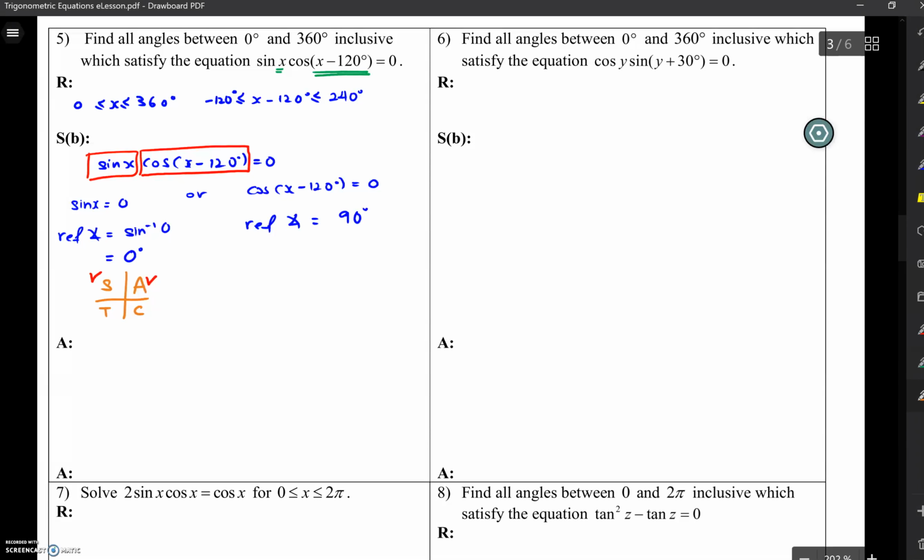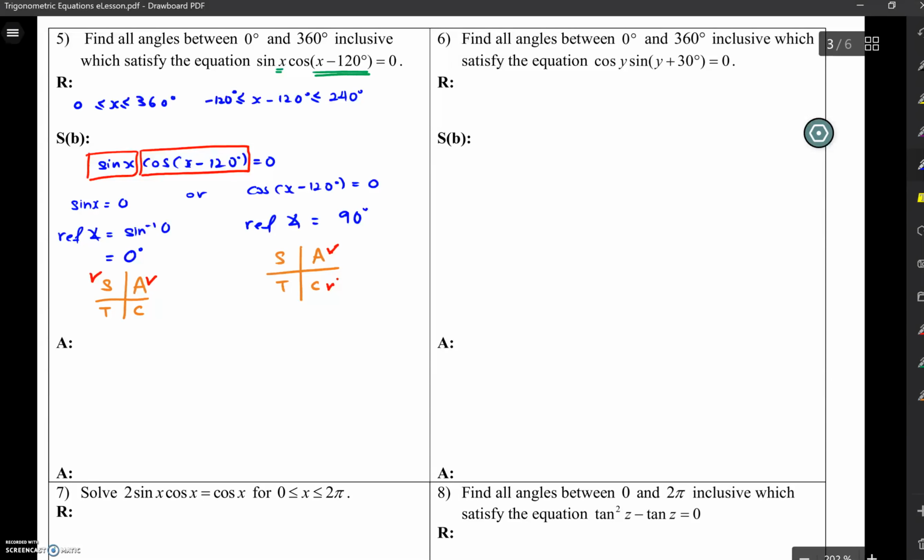Okay, since we are here already, we might as well also do the ASTC for cosine x minus 120 degree. So similarly, in order for cosine to be positive, 0 positive, it will be in which quadrant? First and fourth quadrant. Okay, so knowing this, we'll continue to do.